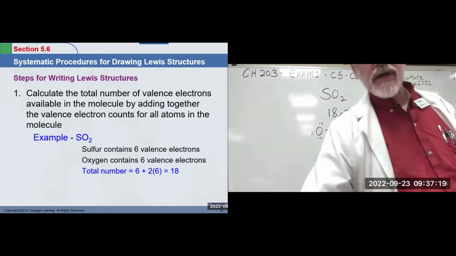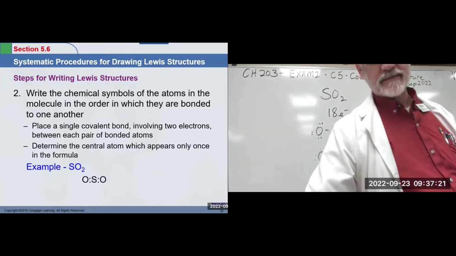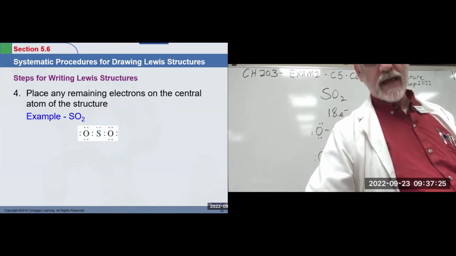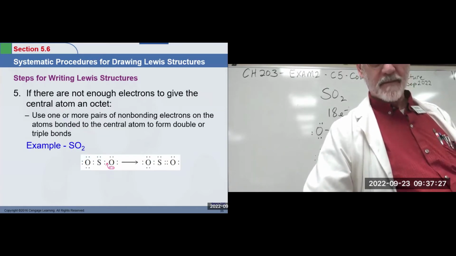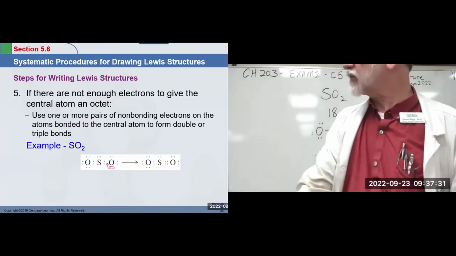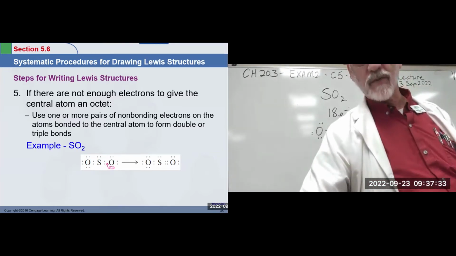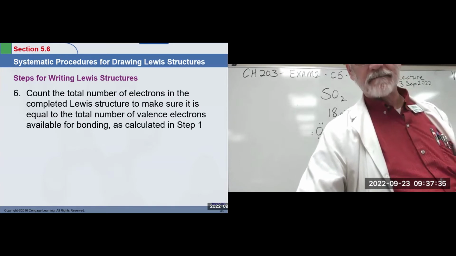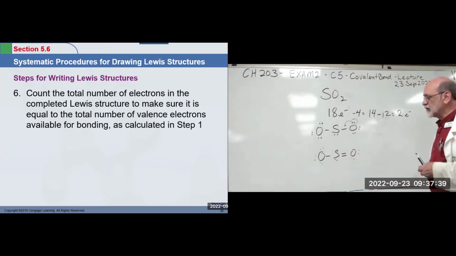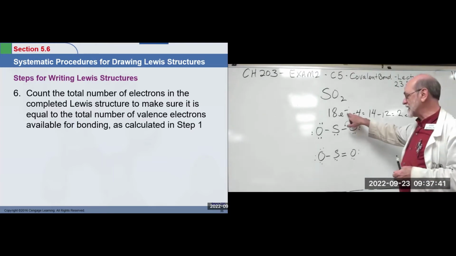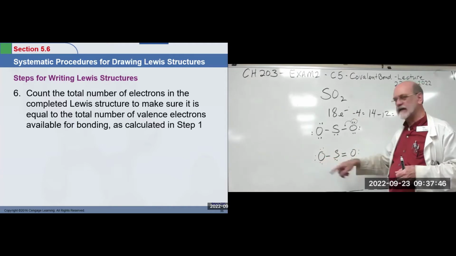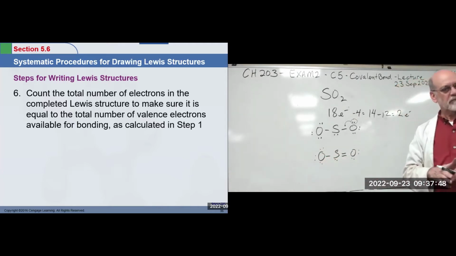And that's what these subsequent slides tell you to do. Right? It's just one after another. There's the one where the oxygen donates that pair to make a double bond. And then to be sure, we're supposed to have 18. So it's 2, 4, 6, 8, 10, 12, 14, 16, 18. Okay, so we're good.